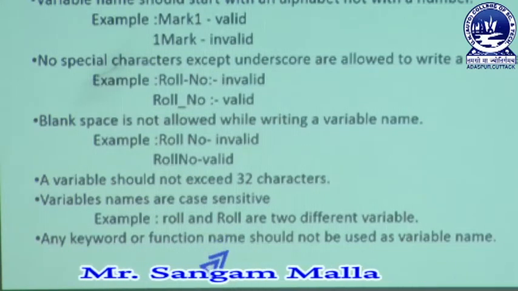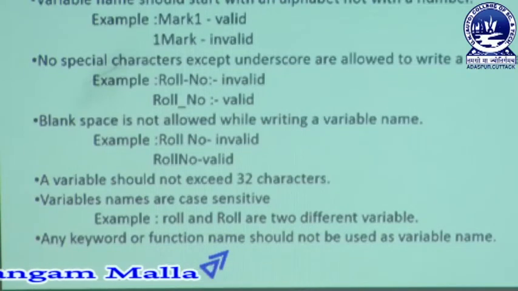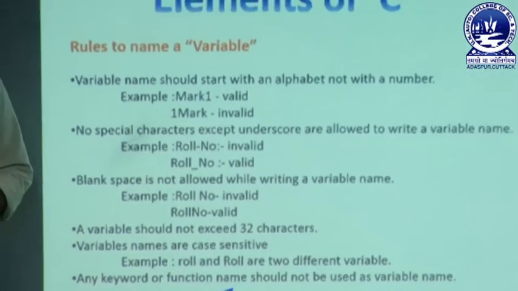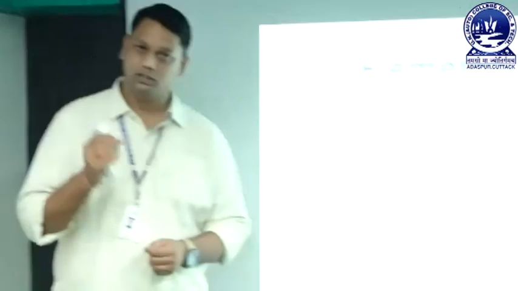The last rule for naming a variable is that any keyword or function name should not be used as a variable name. That means, if you use any command or any function of the C programming language as a variable name, then it will be invalid. For example, we have a keyword int in C programming language. So, int cannot be used as a variable name. I cannot write int equal to 6.